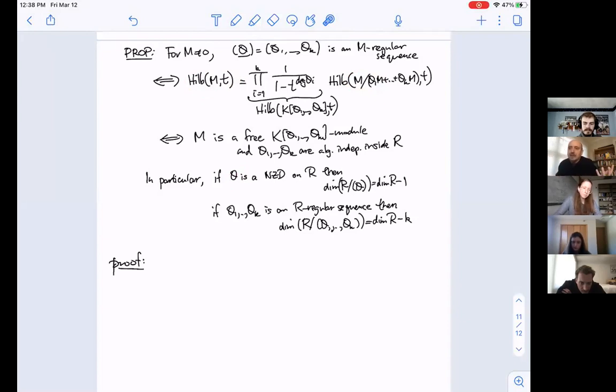So let's write down the lemma that tells us exactly how the Hilbert series changes when you mod out by a homogeneous element, theta. In fact, the first if and only if entirely comes from the following lemma, just iterating it.